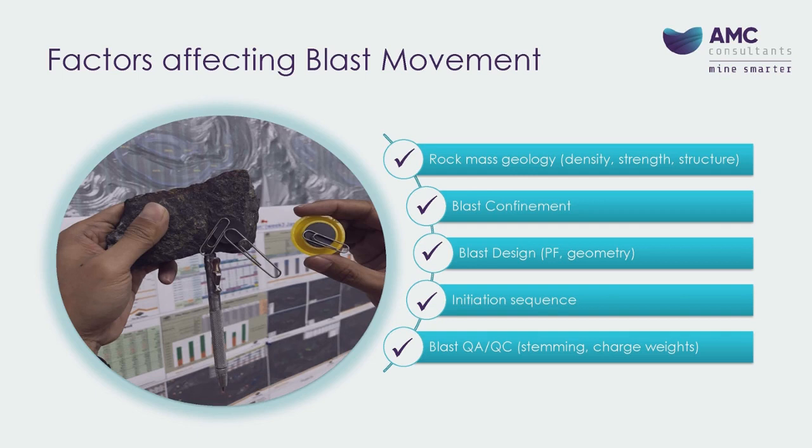So the rock mass isn't completely homogeneous. It is going to vary across the blast. Blast design factors are going to change. So a blast powder factor design of 0.5 kilograms per tonne, no matter how hard you try, you're not going to get 0.5 kilograms per tonne for every single hole. There's going to be variability in these.